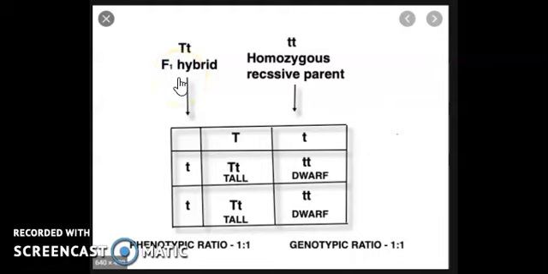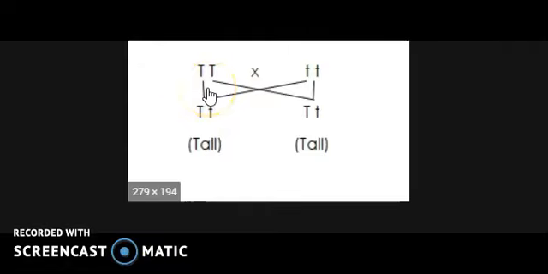Recessive backcross. A cross between an F1 hybrid and its homozygous recessive parent is called a test cross or recessive backcross. Its explanation. In a cross between pure tall and pure dwarf plant, the F1 hybrids produced are tall in nature, that is capital T small t.